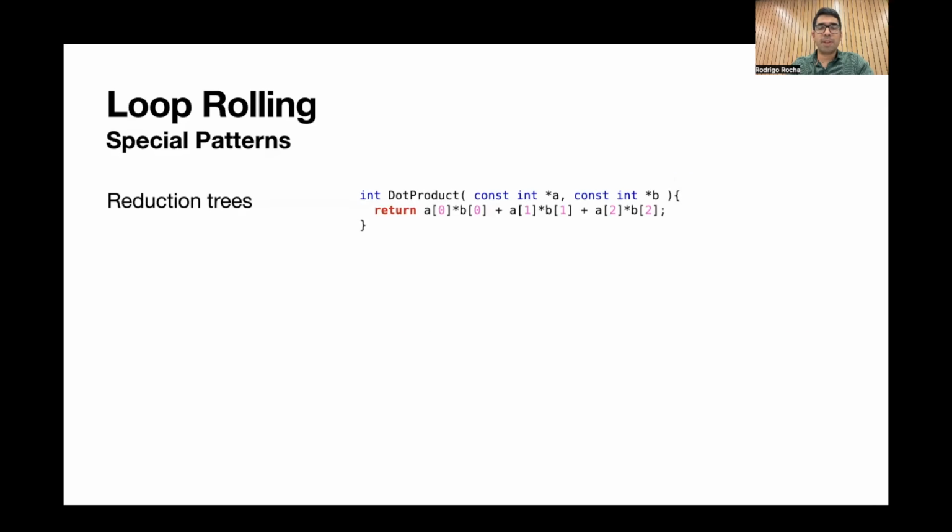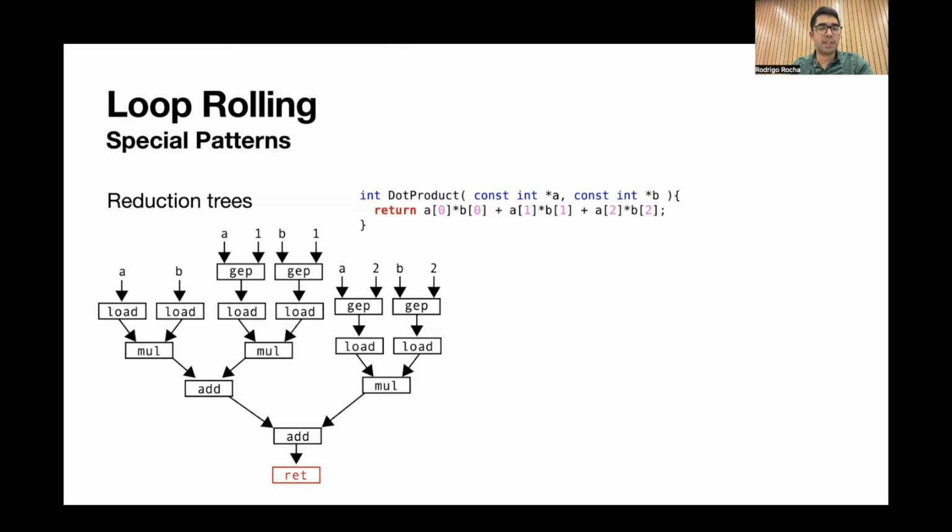Another special case that we can handle are the reduction trees. In this example, we have a dot product, which is a very common example. In the case of the reduction trees, we have a single seed instruction, for example, this return instruction at the bottom. And then from the seed instruction, we collect the reduction tree, which consists of adjacent nodes performing the same reduction operation.